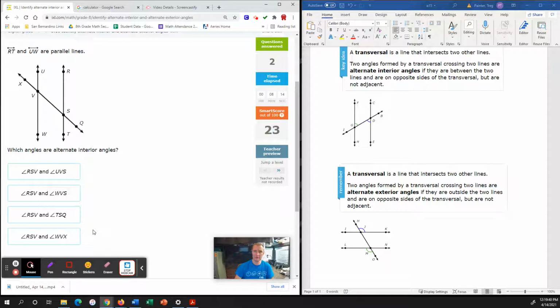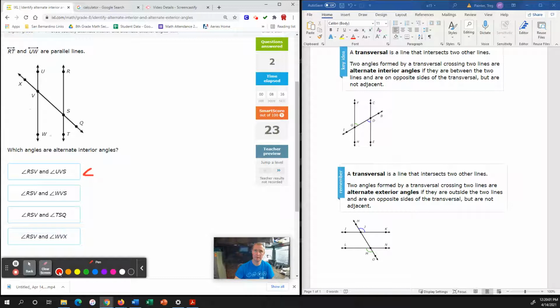All right, we got our next problem here. We got line RT, which is parallel to QV, which is parallel to UW. We are looking for alternate interior angles. Let's go ahead and start with our first angle here.